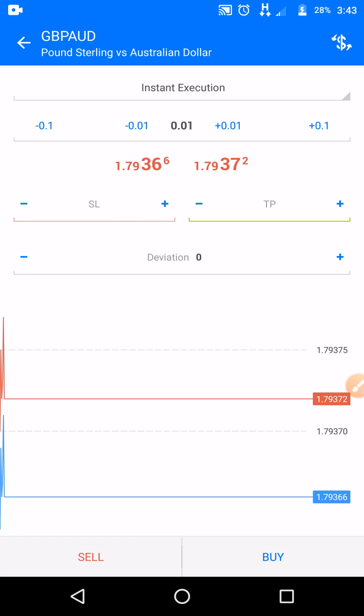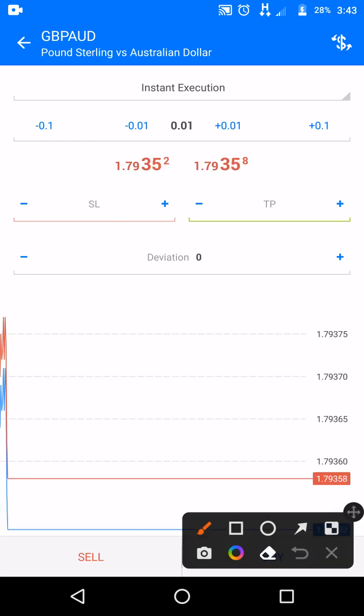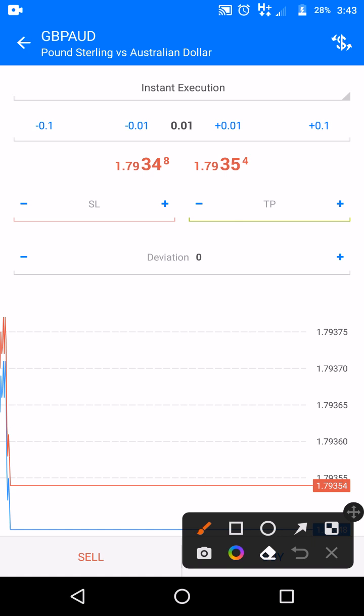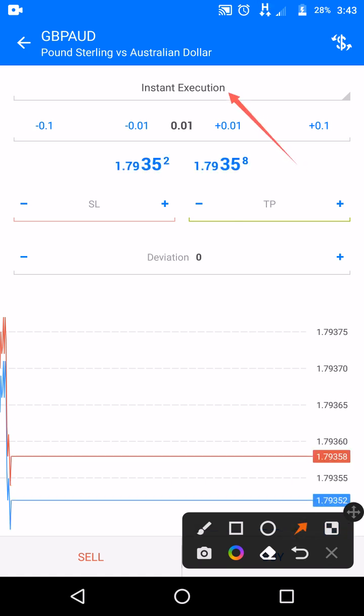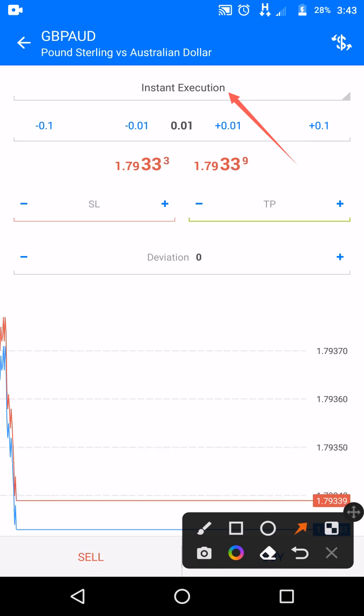Okay, so at the top here, what I'm trying to explain today is about buy limit and sell limit. Okay, please don't get confused. When you click at the top here, you can see that right now it is at instant execution, meaning that you execute or you buy at that particular current price.